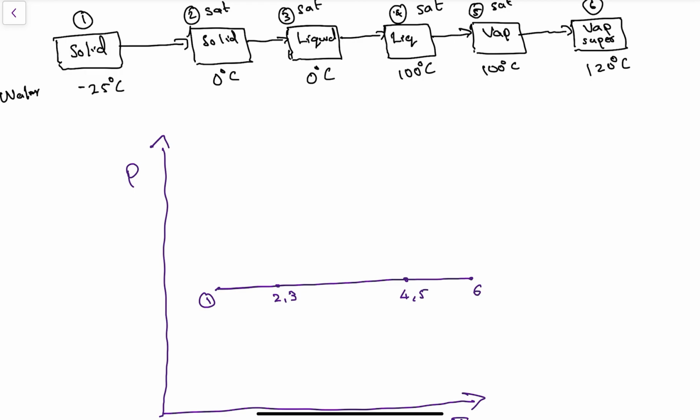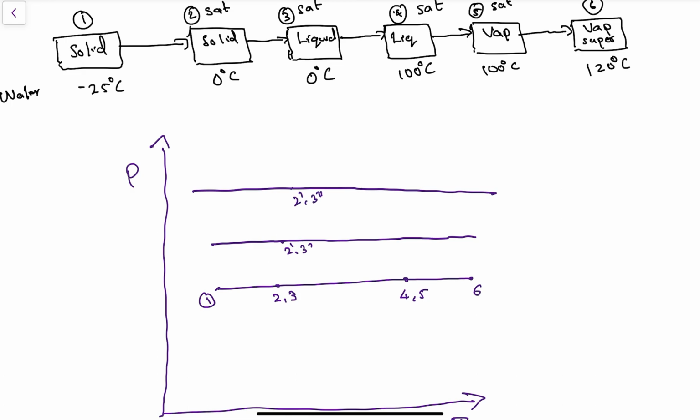Okay, so you can do this for different pressures. If you draw a different pressure line, it will be different. So it is 2 dash 3 dash, 2 double dash 3 double dash.